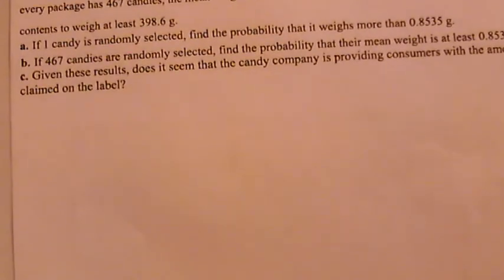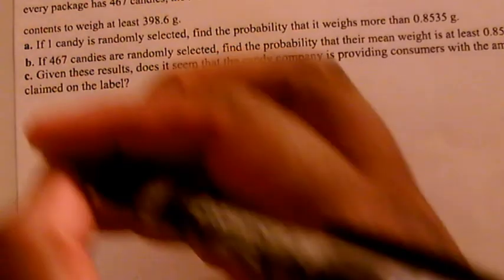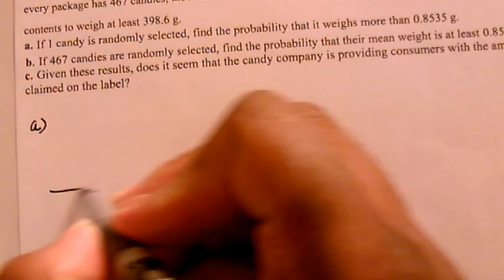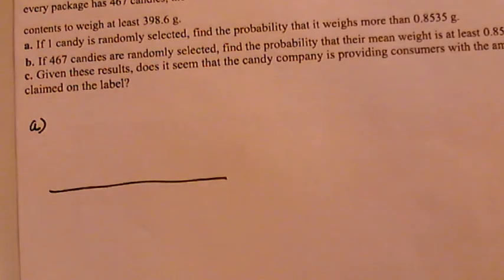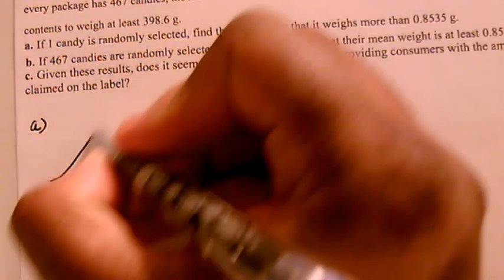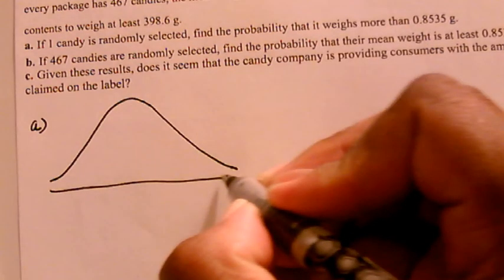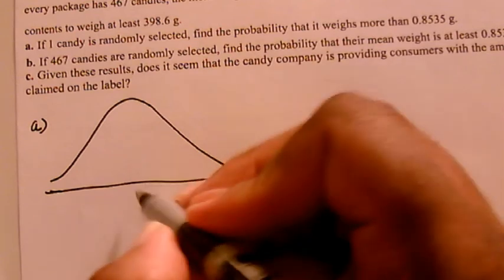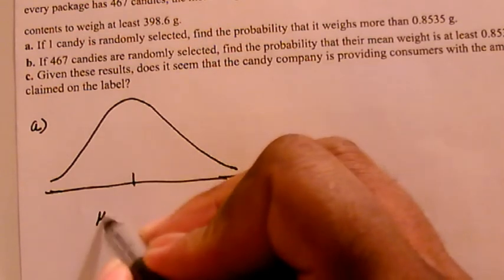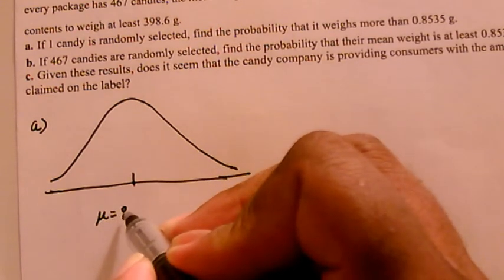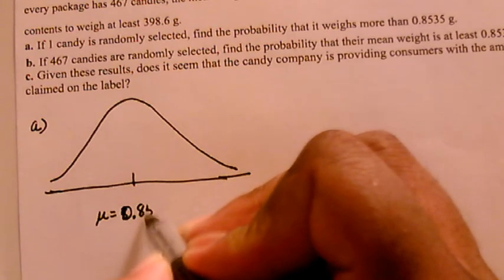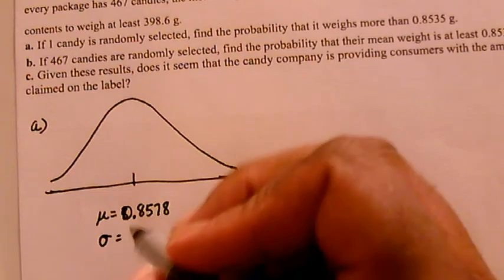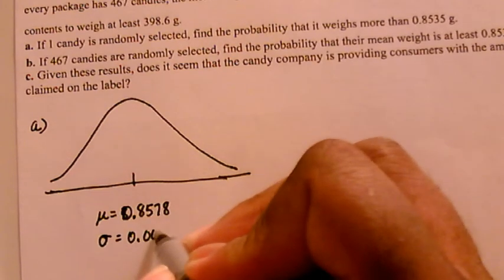Okay, so let's look at part A. It helps to draw a normal curve. In this case, your mu is 0.8578. Standard deviation was 0.0514.